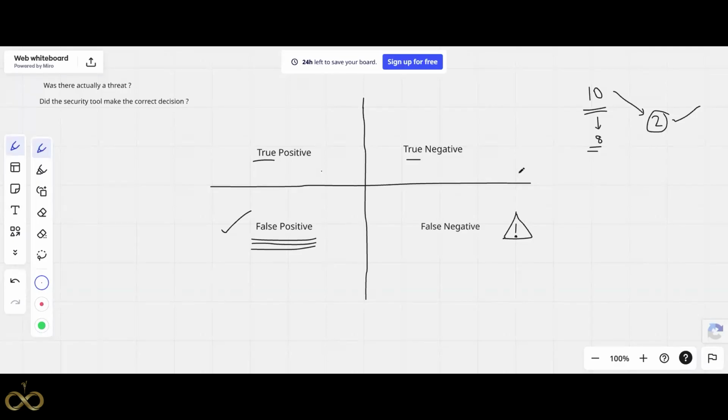This is that danger sign, right? So this is the most dangerous situation. Why? Because false negative occurs when your security tool fails to detect or report the actual threat.